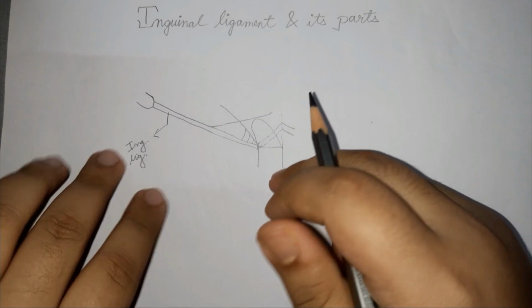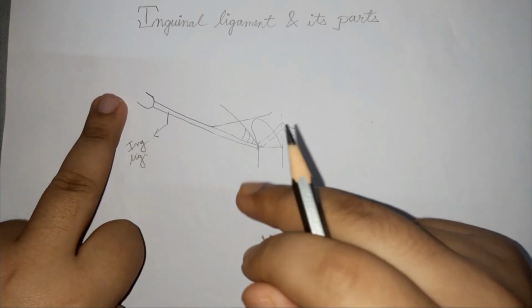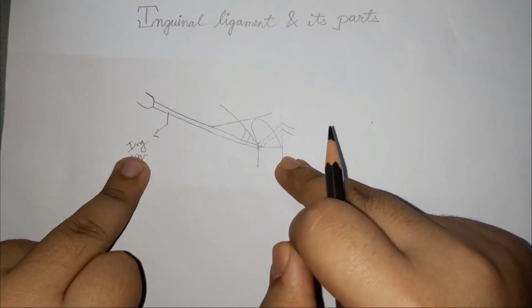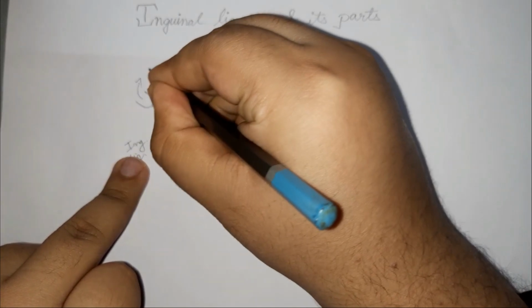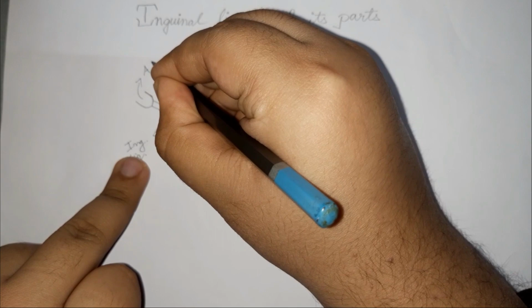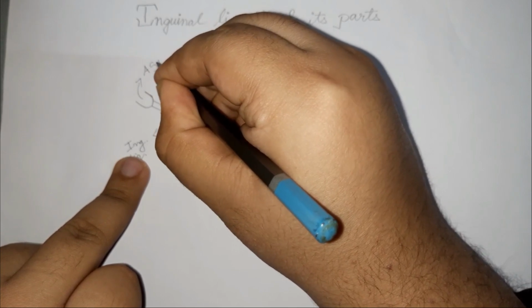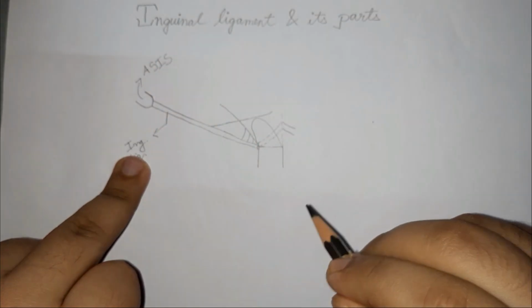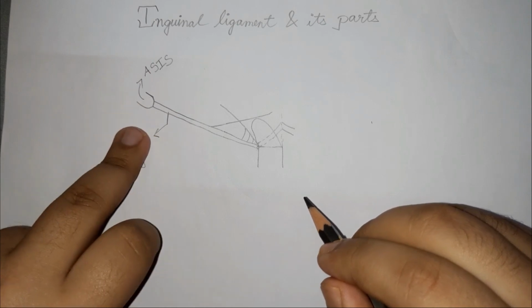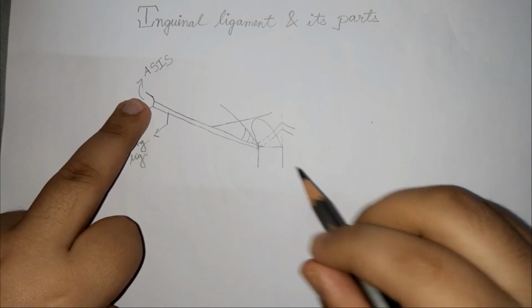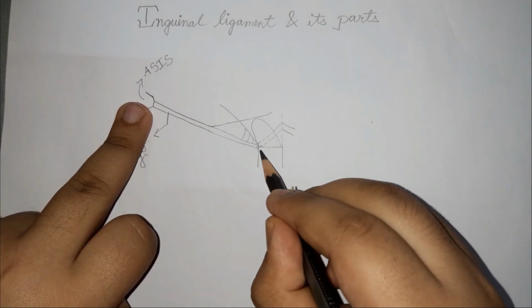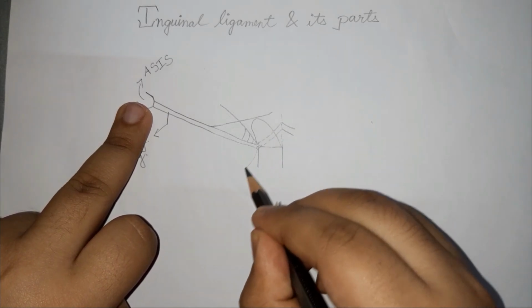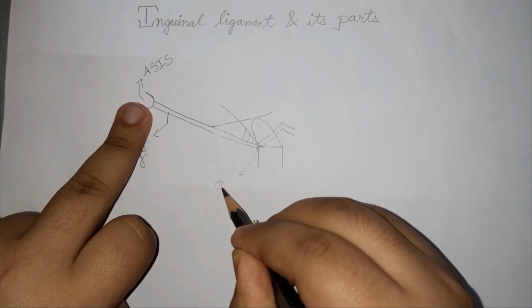By the by, from where to where exactly does this extend? Very simple. This extends from, I'm writing it abbreviated, the anterior superior iliac spine of the hip bone, downwards and medially, and attaches to this point, which is called the pubic tubercle.